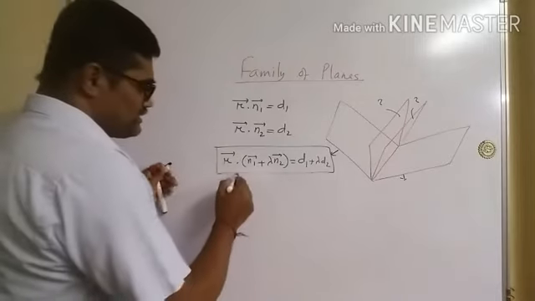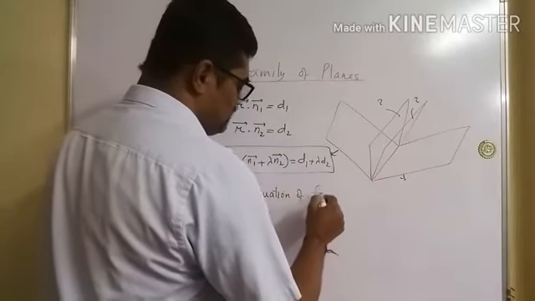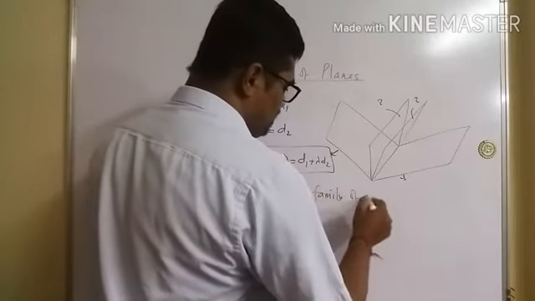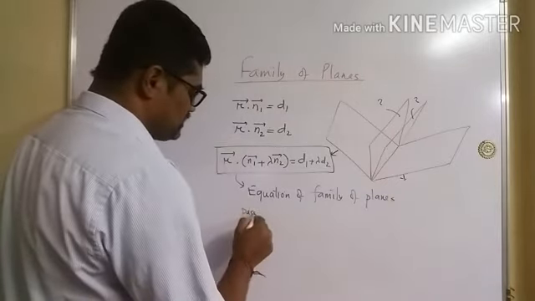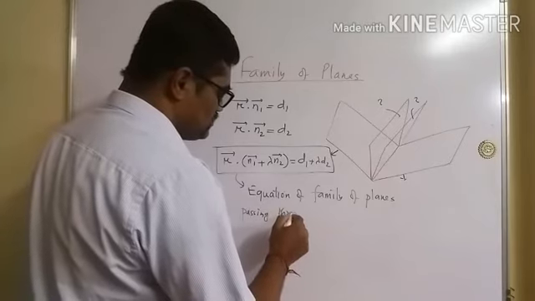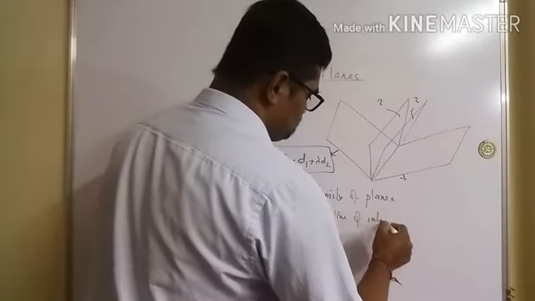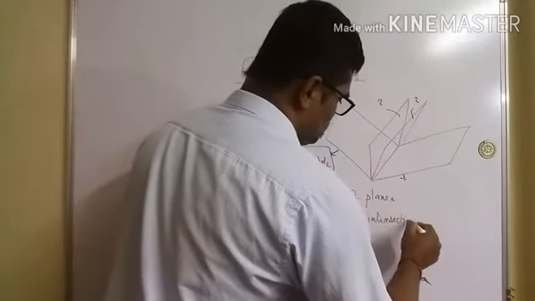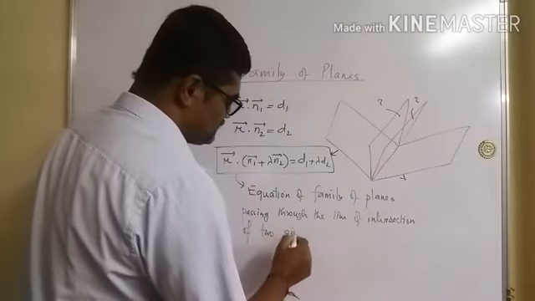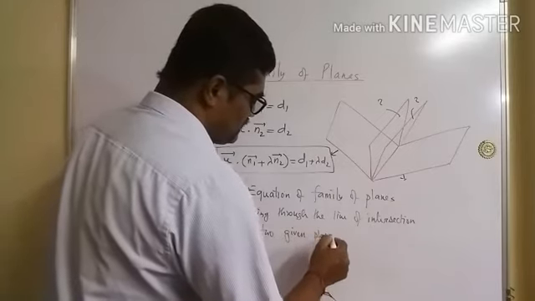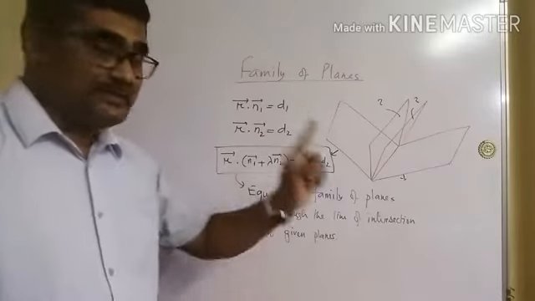So here this is the equation of the family of planes passing through the line of intersection of two given planes, right? Whatever the given planes are, we have already written them. So if you need to find it now, this is the equation.